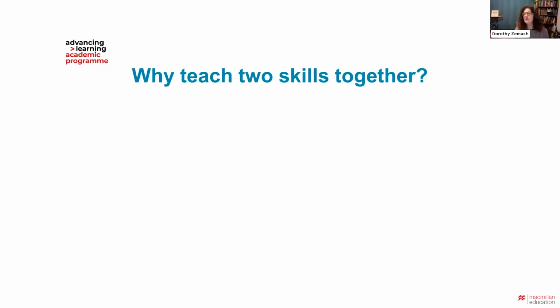So why 2 skills instead of 4 skills in a course book? And I do want to first say that I'm not saying that integrating skills is the only way to teach. I'm not even necessarily saying it's the best way to teach. I'm saying it's a way to teach.